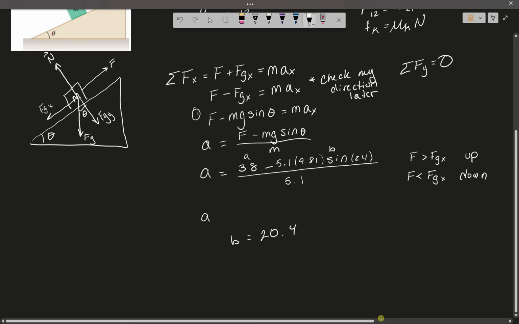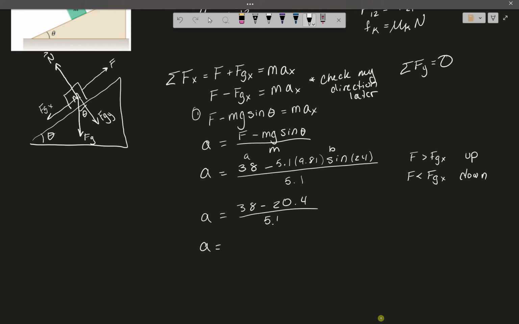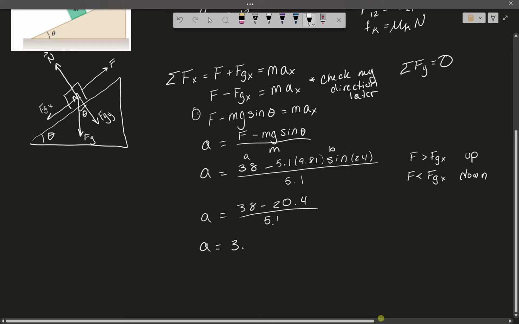So my acceleration is going to be 38 minus 20.4 divided by 5.1, and I get that my acceleration for this block, if there is no friction acting on the block, is going to be 3.46 meters per second squared. And this is my solution to part A.